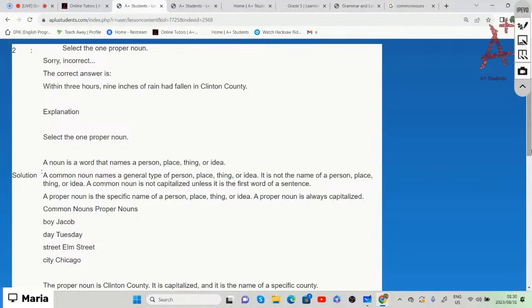With common nouns, it is not the name of a person. So yes, it does name a general type of person, but we are not directly saying Natasha, or we are not directly saying Mark, right? We are not saying the name of the person, the name of the place, the name of the thing or the idea, right?